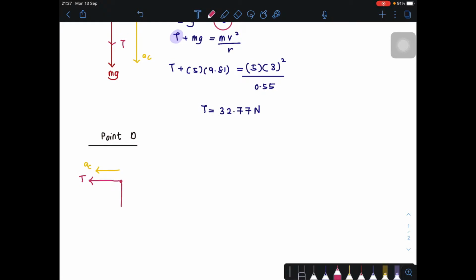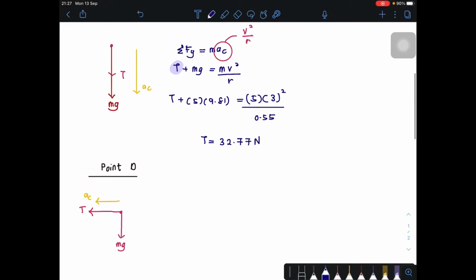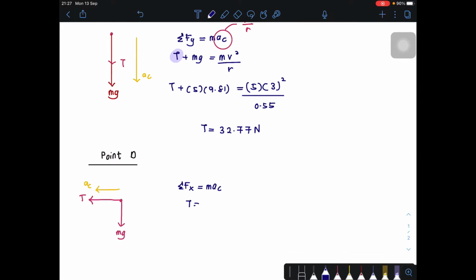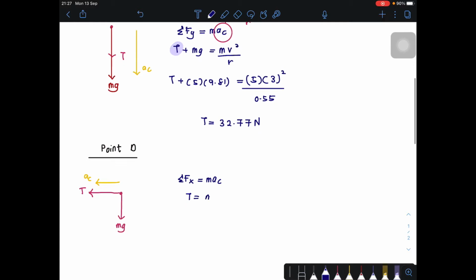So kita lukis juga this one. Okay, walaupun kita tidak akan gunakan dalam formula untuk cari T. Okay, sebab T only on the x-axis. Okay, so just guna Fx is equal to MAC. So now tension will be equal to mv square divided by r. Okay, terus gunakan this one lah. Sebab kita ada information untuk velocity.